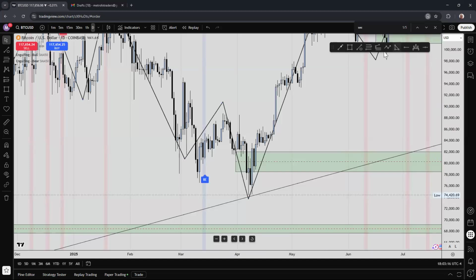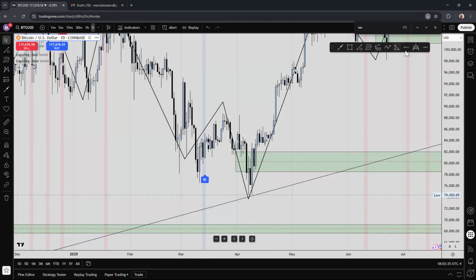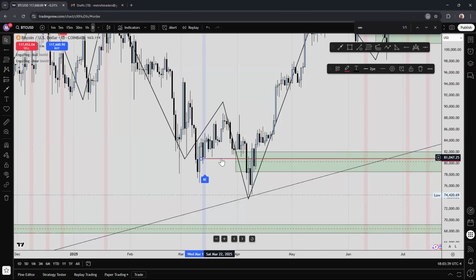So you're going to catch some pips right there off of this bullish engulfing candle, because you could have got in right here. Place your stop loss right below the bullish engulfing candle. And let's see how much we can get.